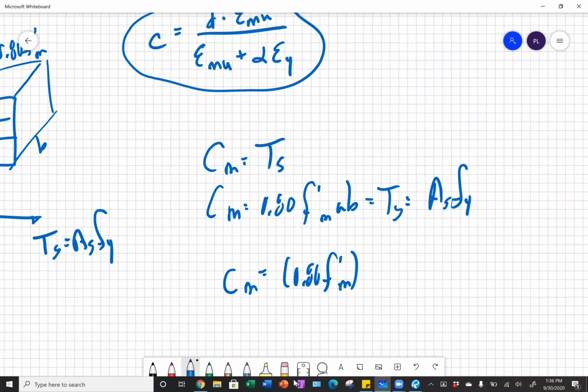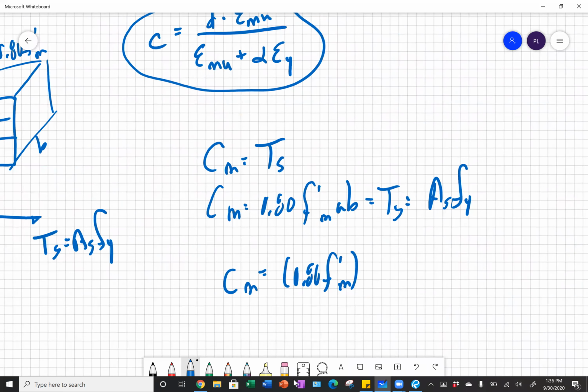So 0.80 d times the strain in our masonry divided by our strain in our masonry plus alpha times our yield strain. And that's times b, again, for our compression force on our section. And this needs to equal our tension force, our area of steel, times our yield strength.